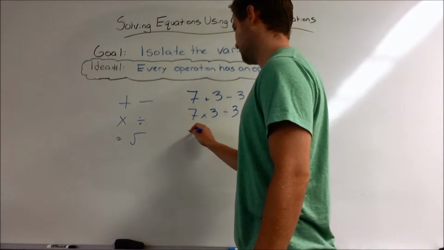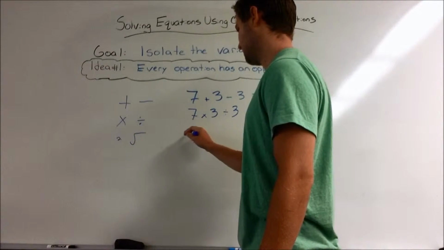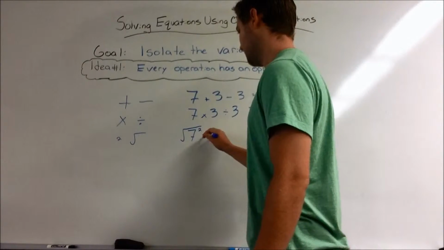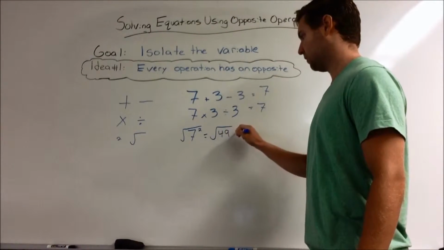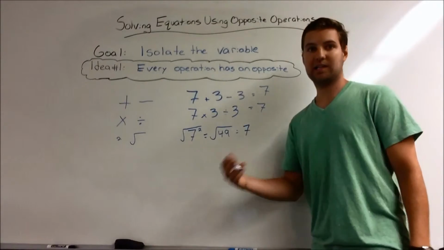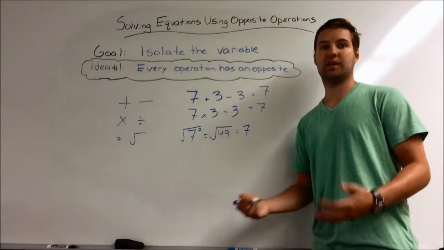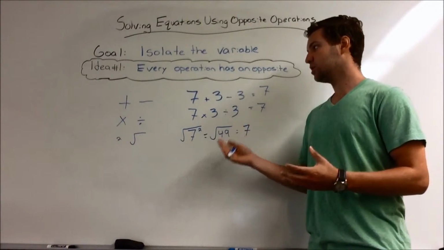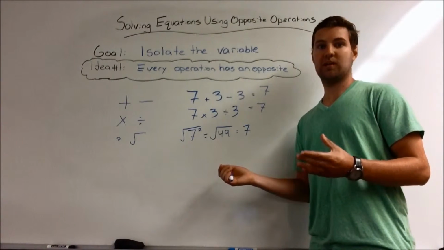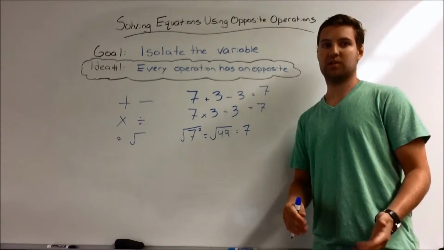And let's square 7, and then take the square root. So that would be the square root of 49, which is 7. Again, we're right back where we started, because squaring and square rooting are opposites. So if we use opposite operations, we get right back to where we started.